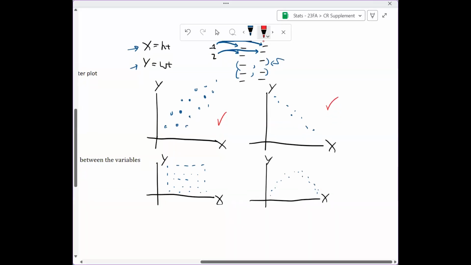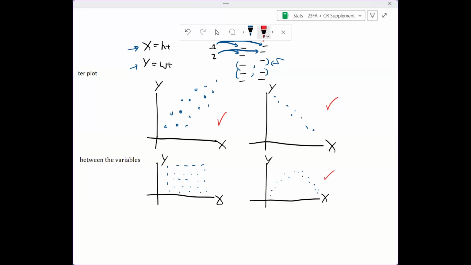If I move down, here I have this curvy pattern, but I can certainly say that if I have maybe an intermediate value of X, I tend to get a higher value of Y, versus a very low or very high value of X tends to be associated with a lower value of Y. So if I know something about X, I seemingly can make an inference about Y here as well.